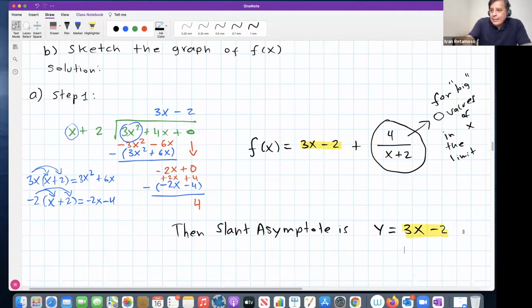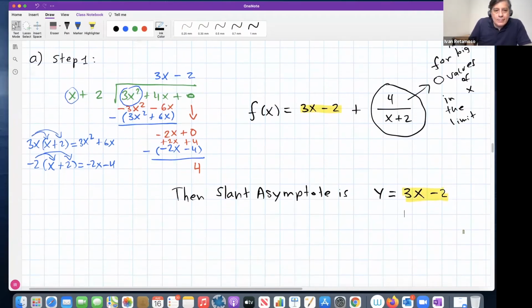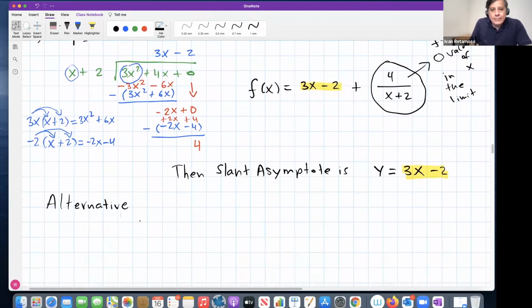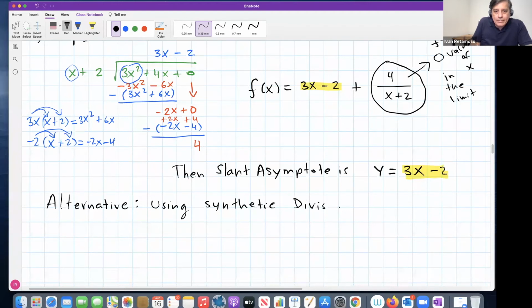Now, sometimes students ask me, is there an alternative to avoid this long division? Yes, there is an alternative. It's called synthetic division, right? Using synthetic division, which is something that you might have seen in pre-calculus, right?